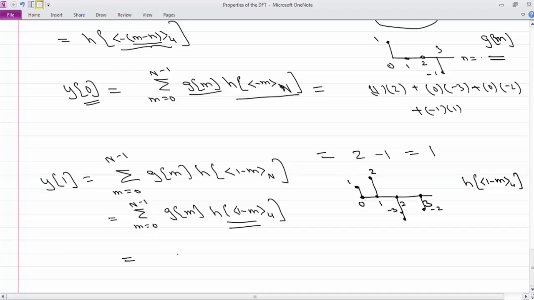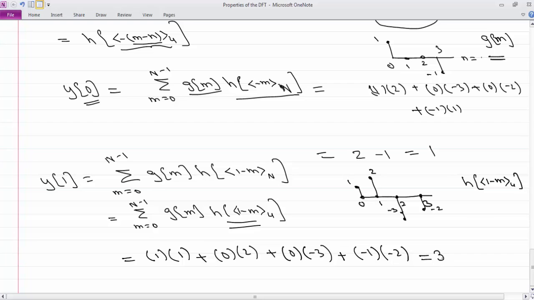So if I do that, what I'm getting is 1 times 1 plus 0 times 2 plus 0 times minus 3 plus minus 1 times minus 2, which is 1 plus 2 equals 3. So that is my value of circular convolution for n equal to 1.